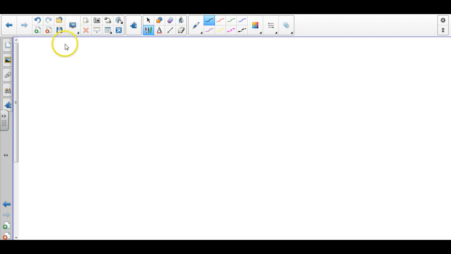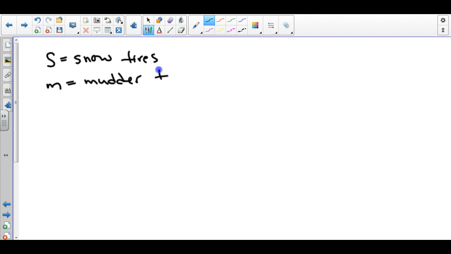We're going to define the variables first, where I'm going to say S is going to equal the number of snow tires, and I'm going to use M for the number of mudder tires. Sounds like off-road type. Okay, so now that I've defined my variables, I can write an equation for this.